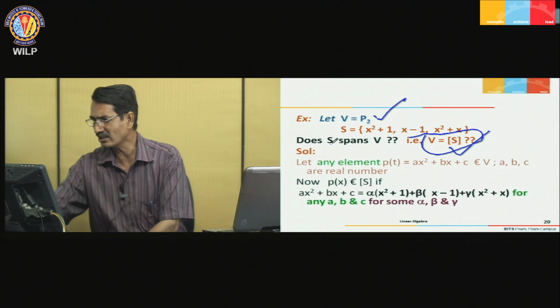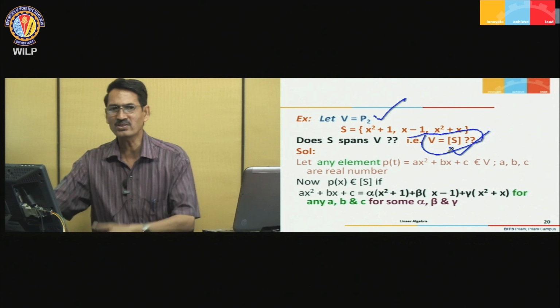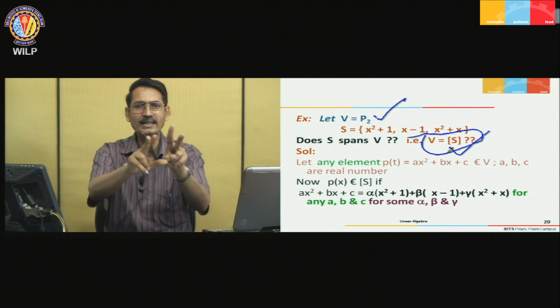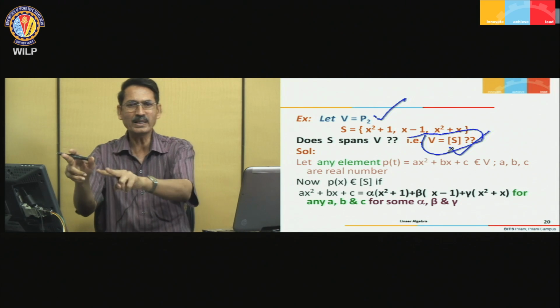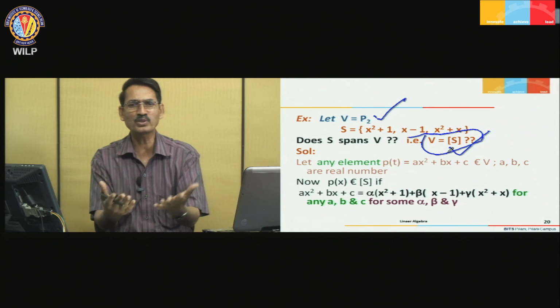So, S spans V means span of S is equal to V. How do we prove that two sets are equal? The set A is equal to another set B means that A is a subset of B as well as B is a subset of A. That is the meaning of two sets being equal.